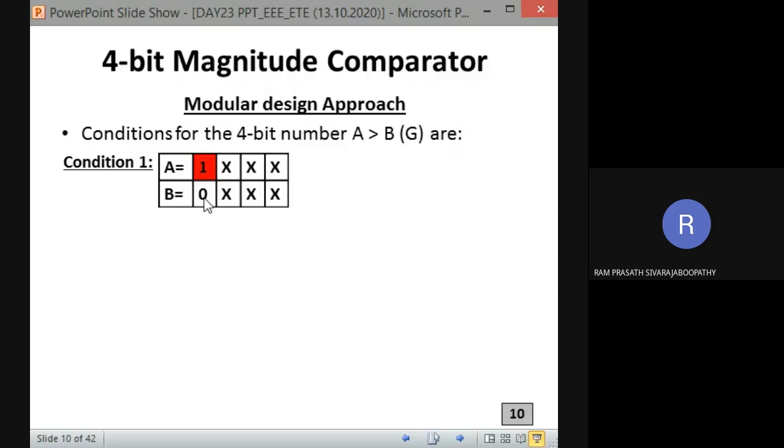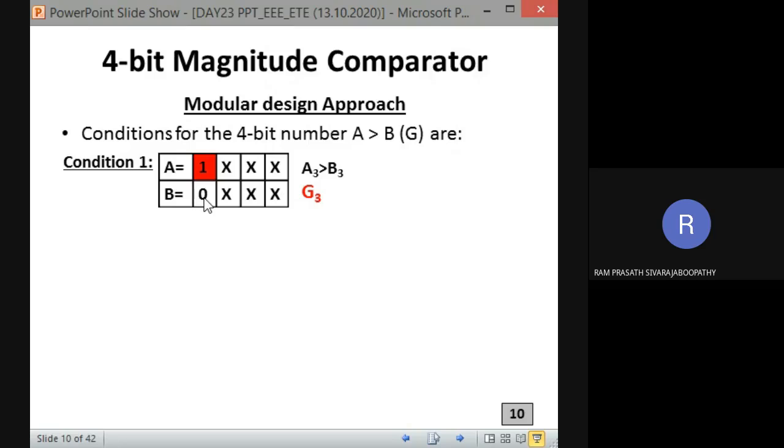Is it clear? இதை நான் எப்படி சொல்லலாம்? A3 greater than B3. So that output becomes G3. So G3 மட்டும்தான் 1 இருக்கணும். Is it clear now? நான் சொல்ற கண்டிஷன் புரிஞ்சுதுங்களா? MSB பிட்டை கம்பேர் பண்றோம். MSB பிட் A greater than B இருந்தாலே நம்ம என்ன பண்ணிடலாம்?